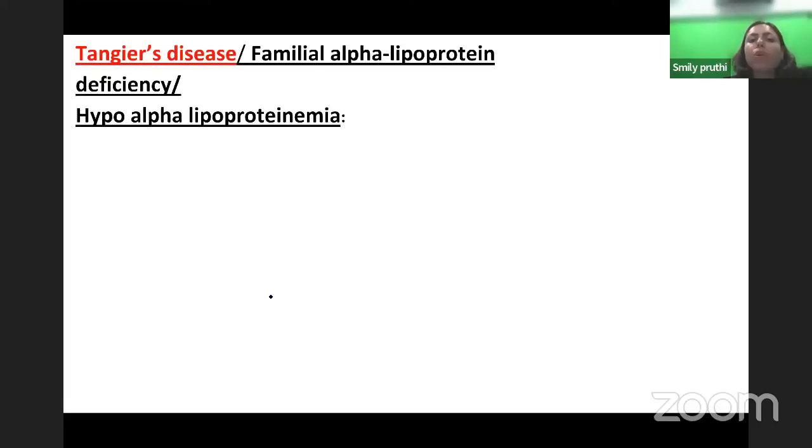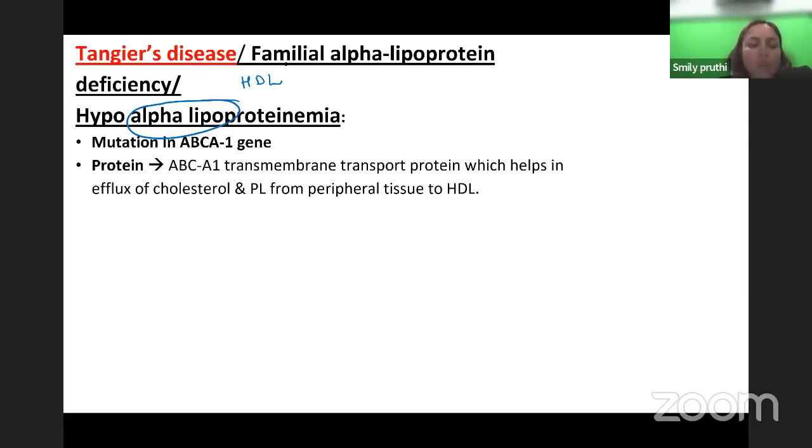Tangier disease, also called familial alpha lipoprotein deficiency or hypo-alpha lipoproteinemia. Which is alpha lipoprotein? HDL is alpha lipoprotein. There is decreased HDL in Tangier disease. The mutation is in ABCA1 gene. The protein is ABCA1 transmembrane protein, ATP binding cassette A1 transmembrane protein.